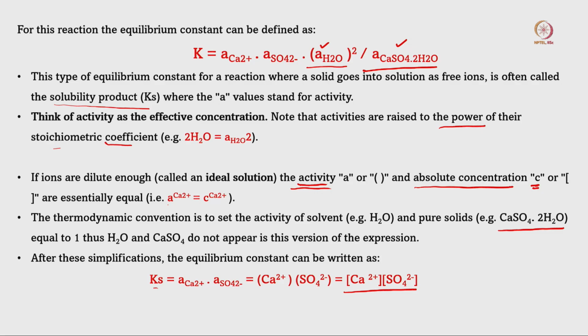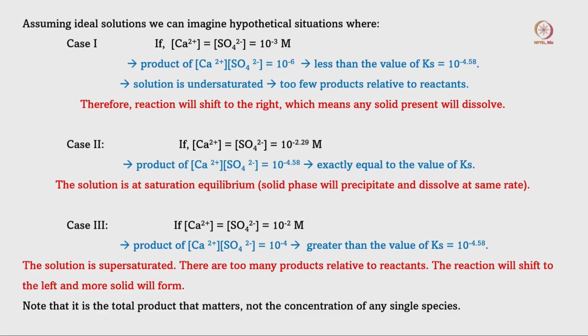Now, let us do some very easy calculations. Imagine we are going to take 3 hypothetical cases and see how the reaction happens, because those are the kinds of questions we are going to answer in thermodynamics, understanding thermodynamics and its application in aquatic geochemistry.